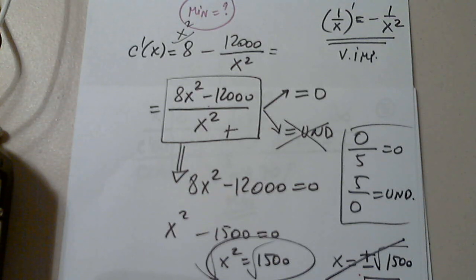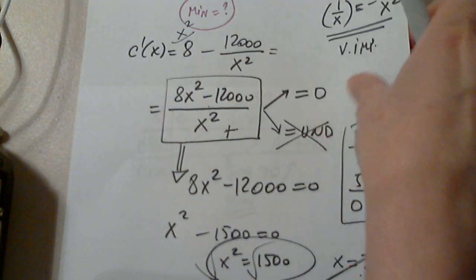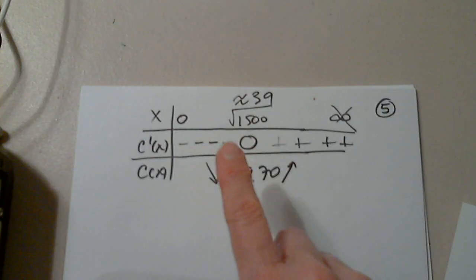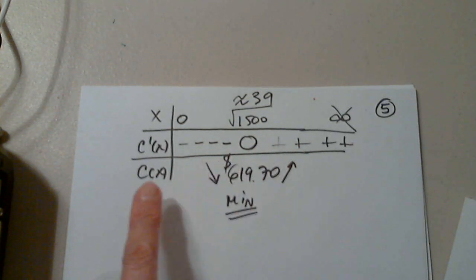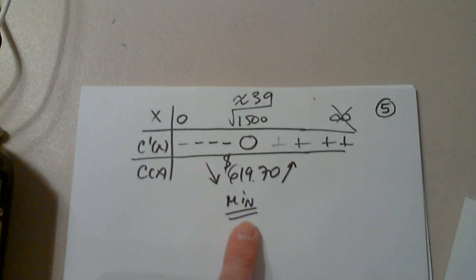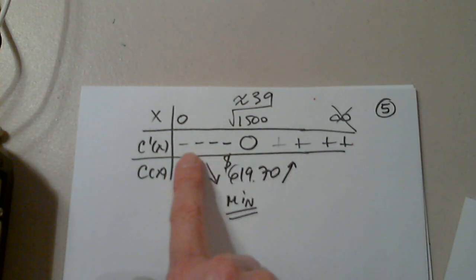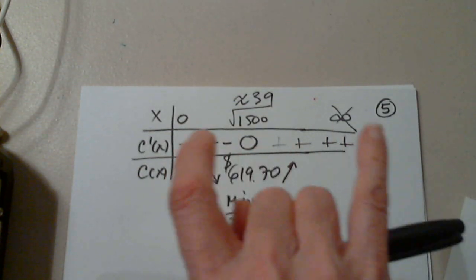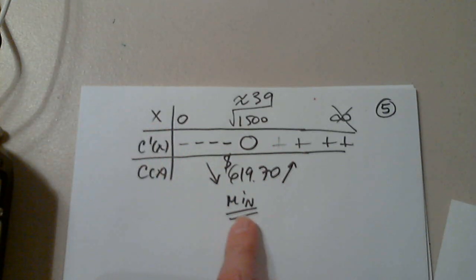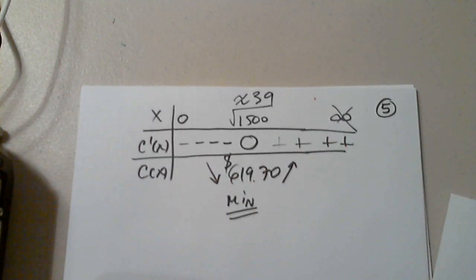It's not sufficient. We have to create a table and show that the sign of the derivative supports the minimum. So this is what we studied in this chapter, that the first derivative tells us where the function has a minimum or a maximum. So this is what we have to show as a support for our answer. So please remember that.